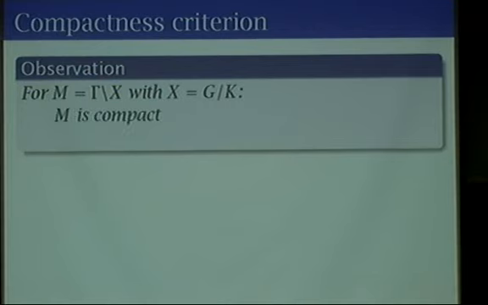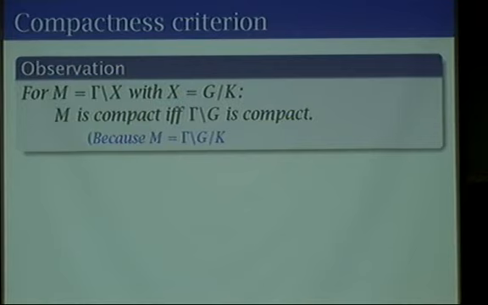M is compact if and only if, and this is essentially obvious if you think about it the right way, M is X mod gamma, and that's going to be compact if and only if G mod gamma is compact. The reason is that M is X mod gamma, but X is G mod K. So M is just what you get by taking G and modding out both by gamma and by K. Remember, K is also compact.